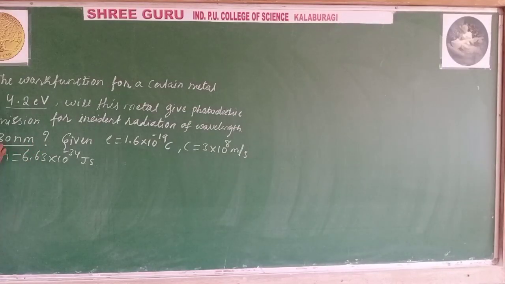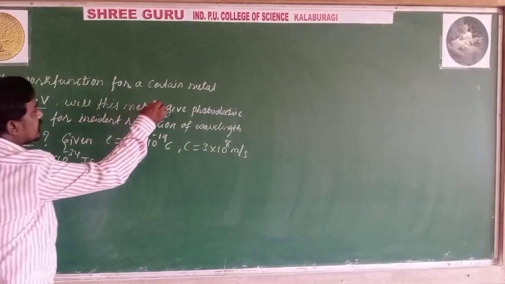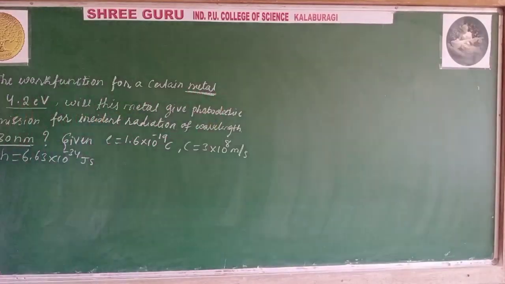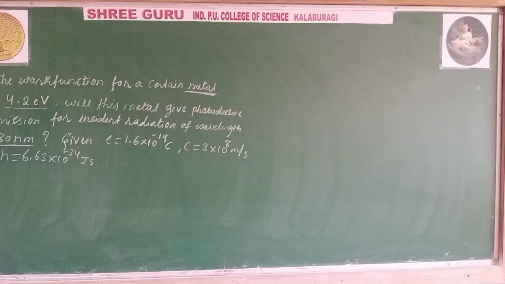Is this much incident radiation sufficient to eject the electron from this metal surface? Is it possible to eject the electron from that metallic surface? They are going to ask questions like these in the CET also.